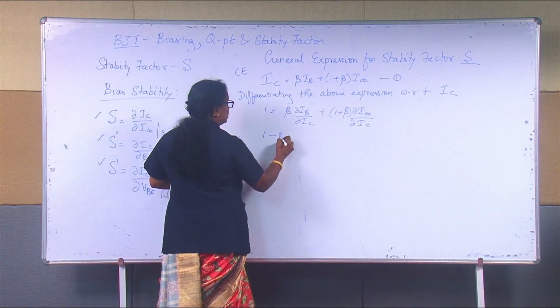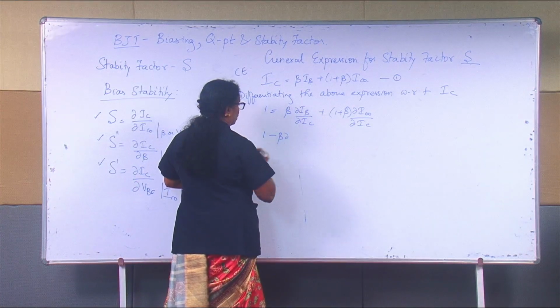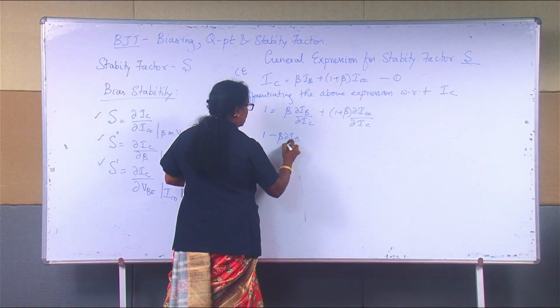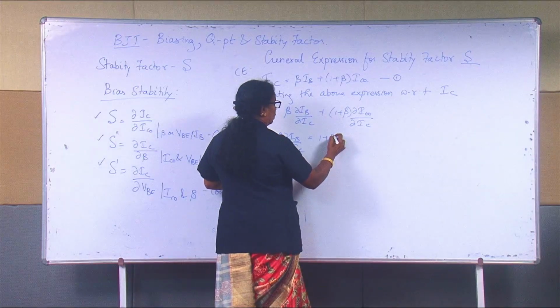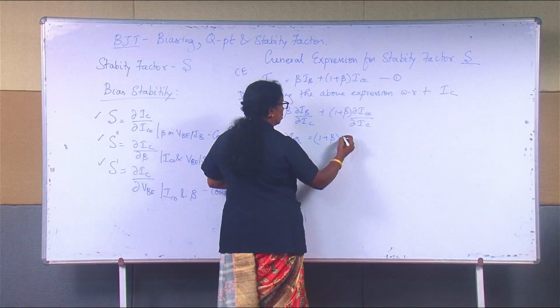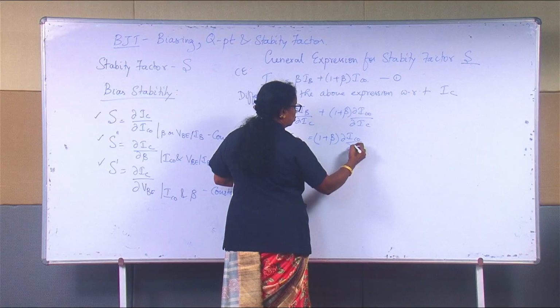So 1 minus beta into dou IB by dou IC is equal to (1 plus beta) into dou ICO by dou IC.